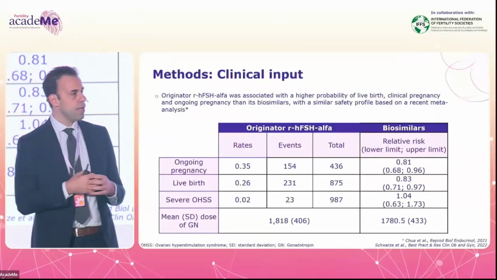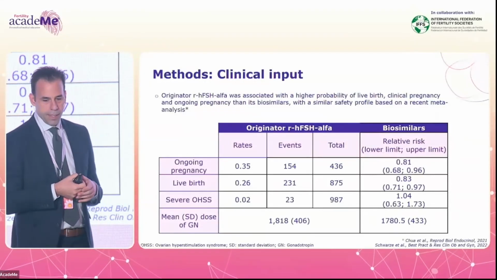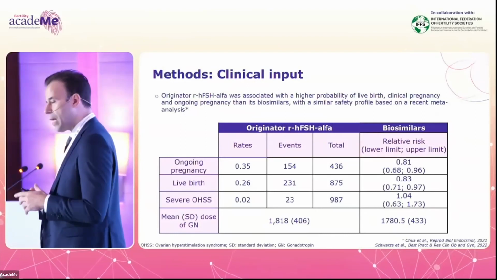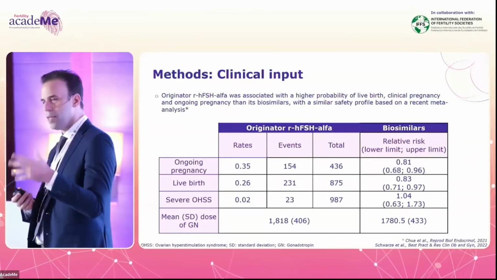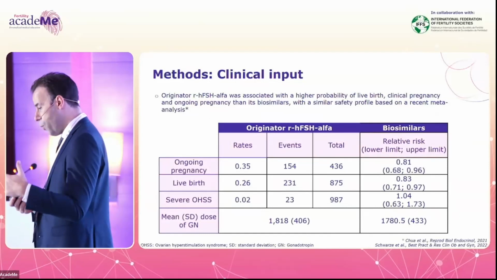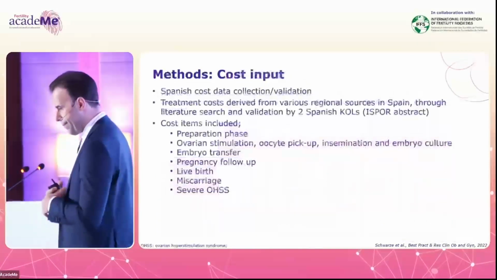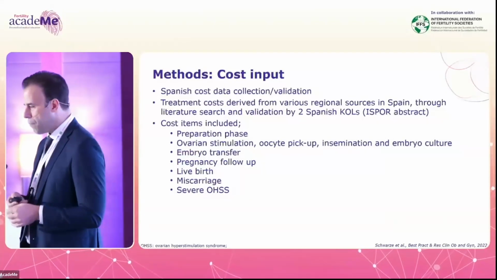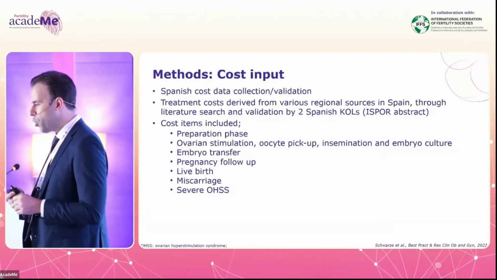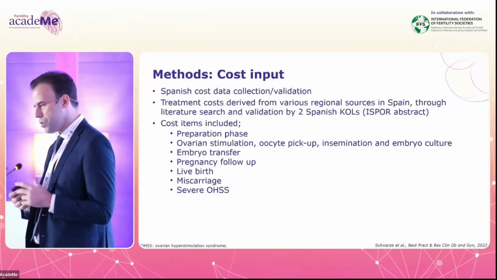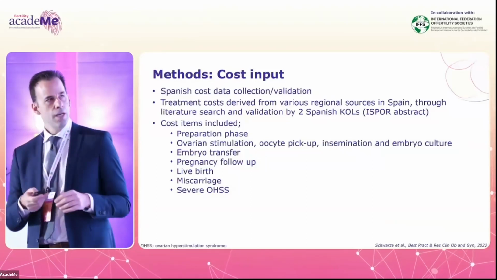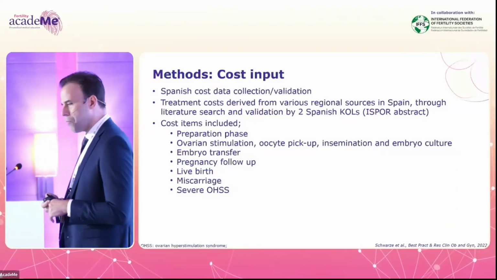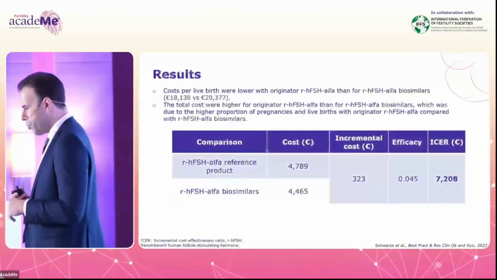And the clinical input, as I said, came from Spain, and it came from the meta-analysis, and here you can see the results of that meta-analysis in terms of ongoing pregnancy, live birth, and severe OHSS, which we also took into account. The cost data came from Spain, and we included various regional sources, including 2 key opinion leaders, and we also included all this cost data regarding different outcomes of the model.